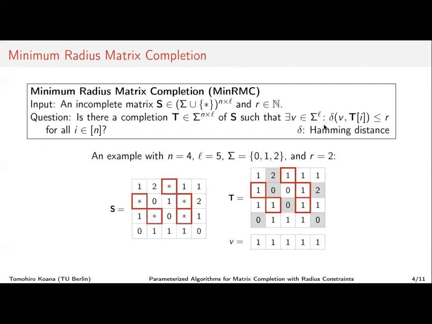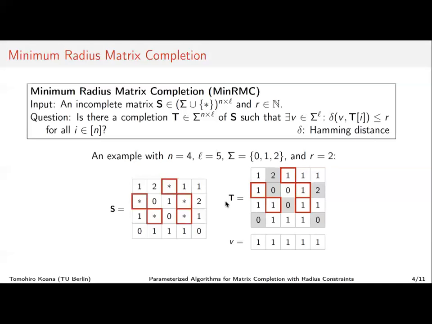So let me show you an example. This is an example with 4 rows and 5 columns, and the radius is 2. On the left, I have shown the input matrix, and on the right, what is shown is one solution. Here we set the solution center vector to be 01. And then we complete the matrix; above is shown the completed matrix.